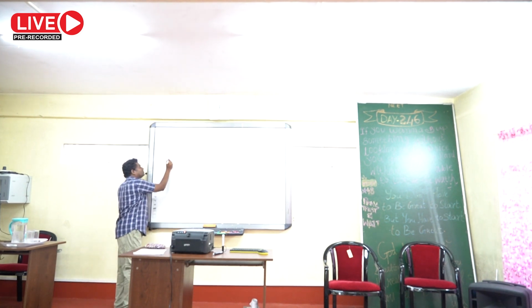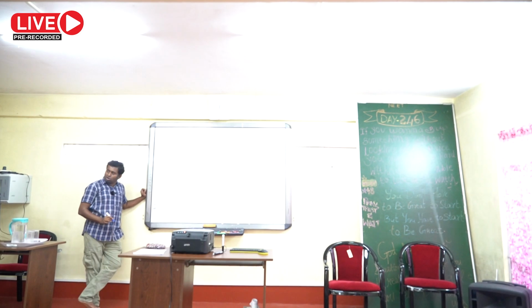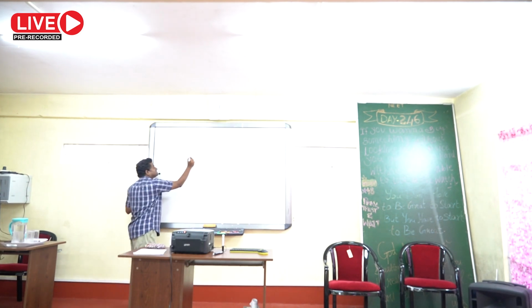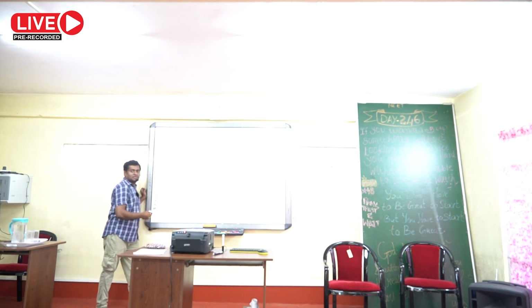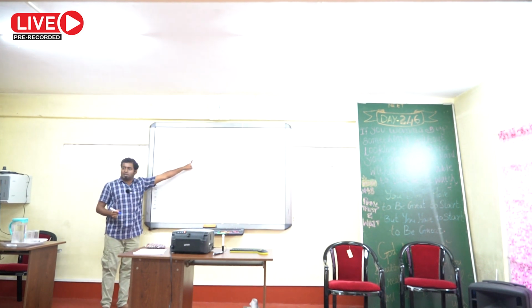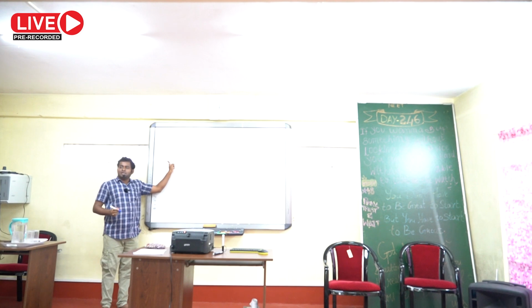First time you put paper on this. Suppose this paper has mass m1, and on the other side you put a weight of half kg. Half kg weight is put here, and here some mass is there, which is assumed to be m1.